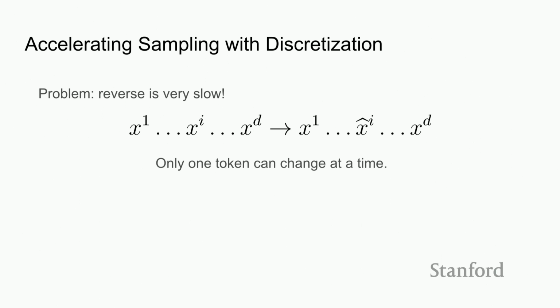So when we construct the reverse, we can also only jump between sequences that differ by one position, which you can imagine would be very expensive, especially if you need to continuously refine the individual positions simultaneously.